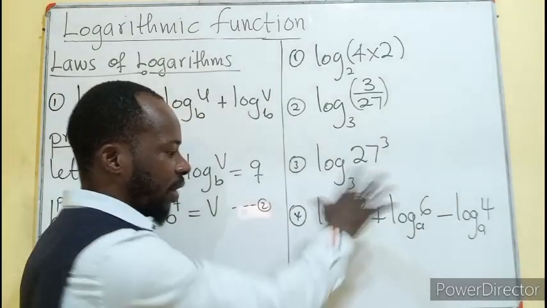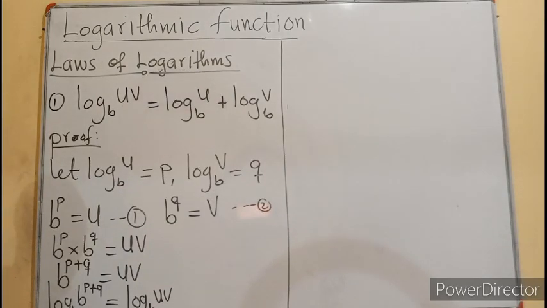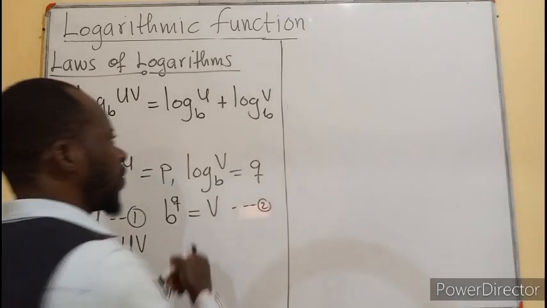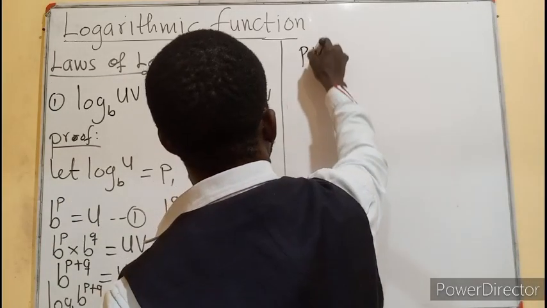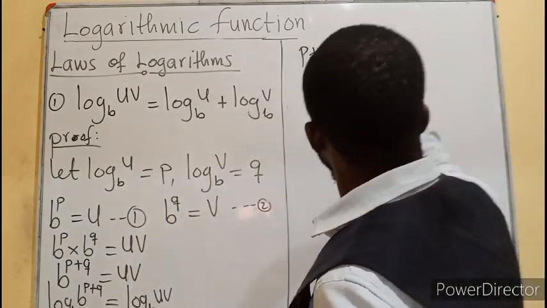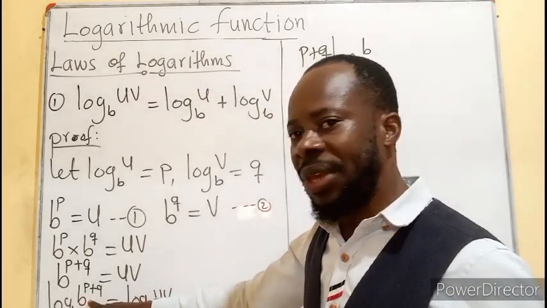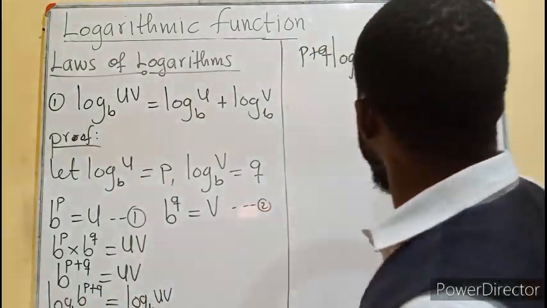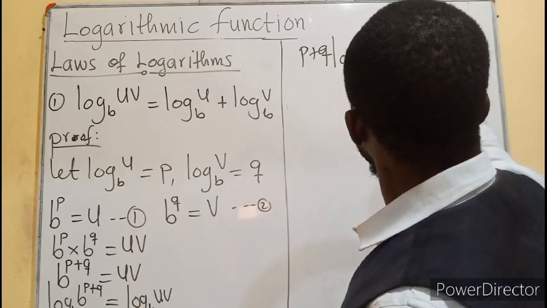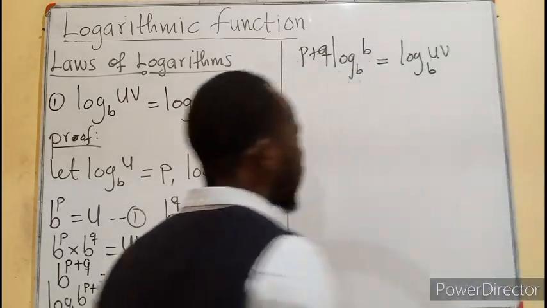Now let's take care of this. The exponent comes down to multiply, so I have p plus q multiplying the log of b base b, and don't forget, that equals the log of uv base b.